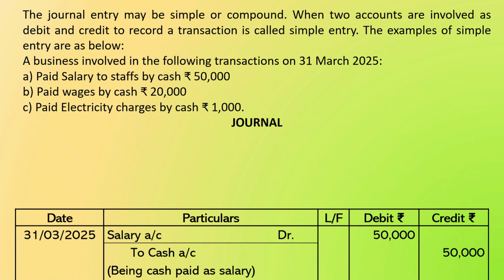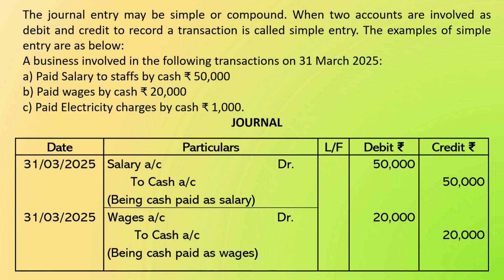The first entry on 31st March 2025 is salary account debtor to cash account. The narration is being cash paid as salary and the amount is 50,000. The second entry on 31st March 2025 is wages account debtor to cash account.